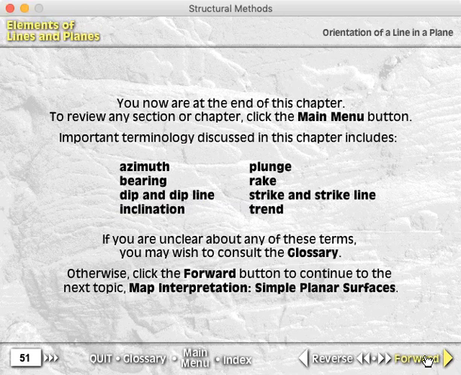Otherwise, click the forward button to continue to the next topic, map interpretation, simple planar surfaces. Okay, again, these are key terms that you need to learn. Write those down. They should also be in our lab. You can also, of course, look these up in any geology-related Google search. You can get a good idea. Also, YouTube is a good place sometimes to look to get examples of what these things are.